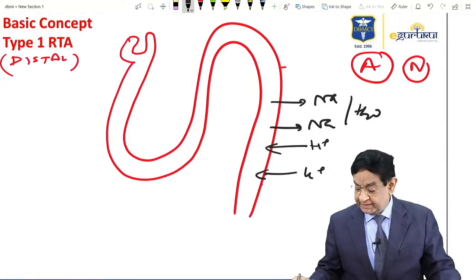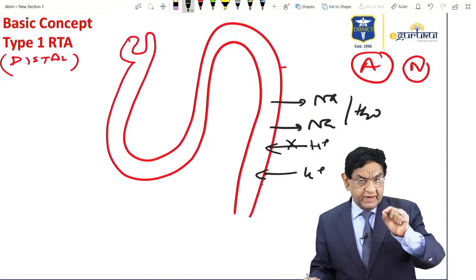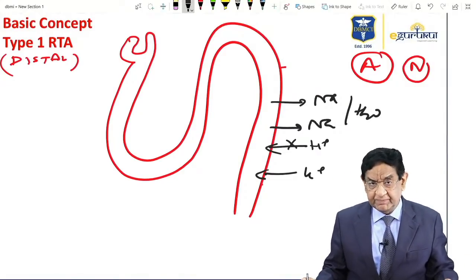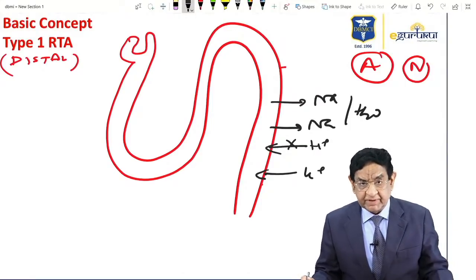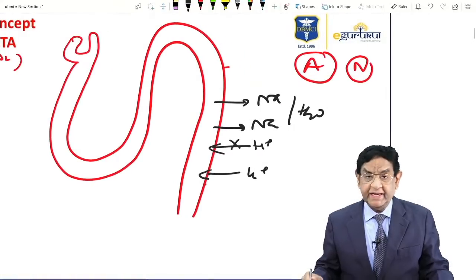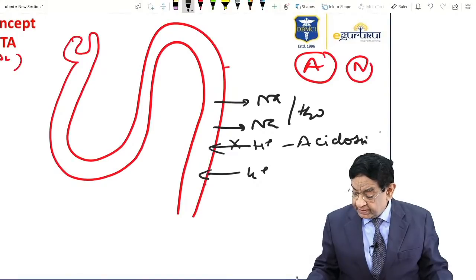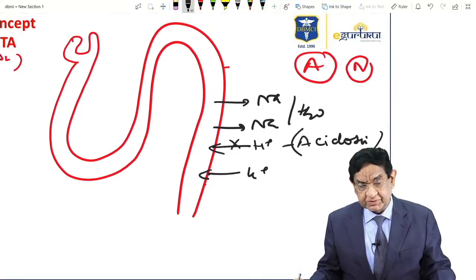Here the problem is this H ion doesn't go out. So the defect lies in the H ion secretion in the DCT and collecting tubule. H ion is not going out, so H ion will remain in the body, and that leads to what? Excess of H ion in the body is acidosis. Just remember, H ion retention in the body is acidosis, understood.